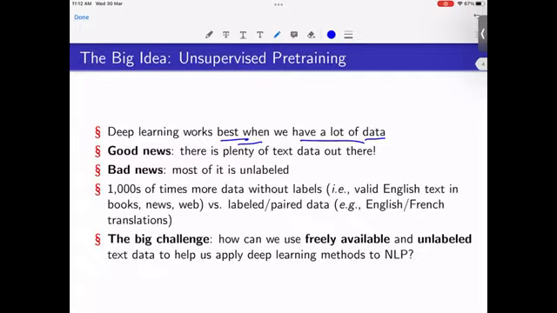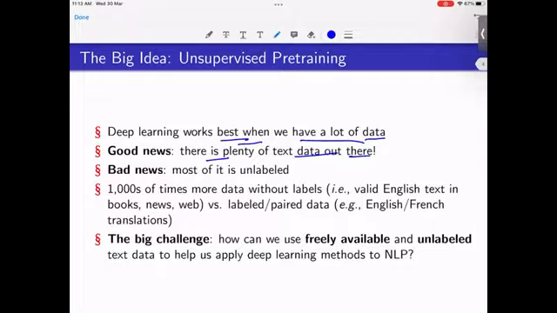The good news is that, having seen the success of deep learning, there is plenty of text data out there. There are huge corpora, like Wikipedia and many news articles every day. On the web you get lots of text data, like movie reviews.